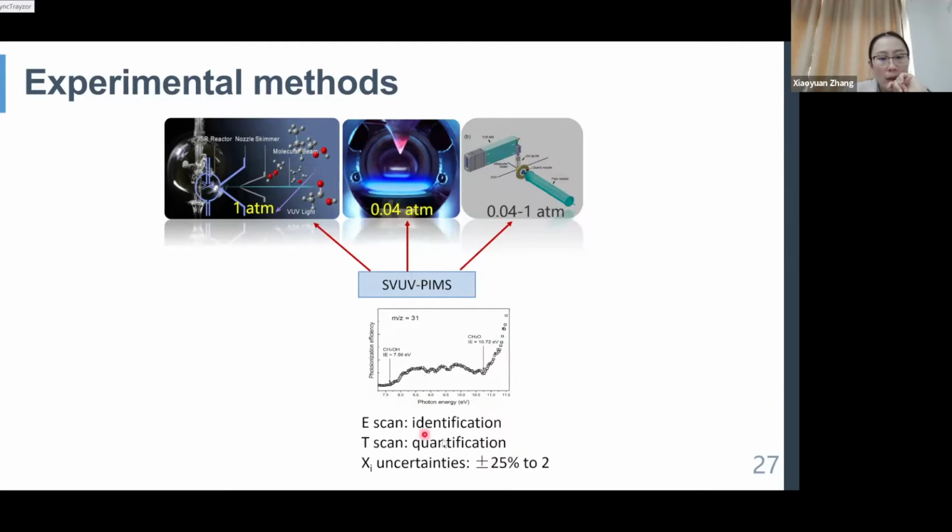This corresponds to the uncertainties of this diagnostic method.